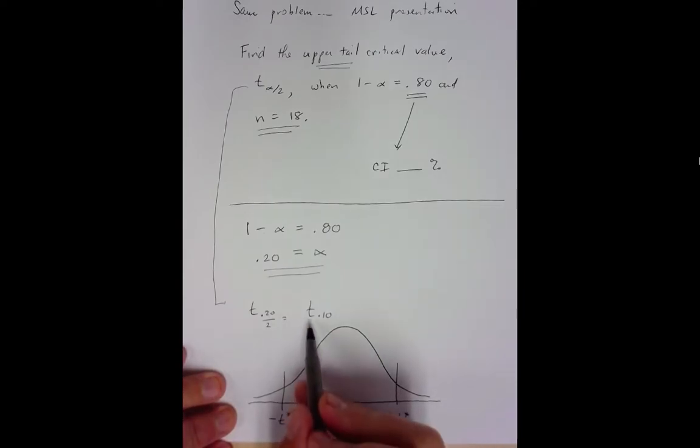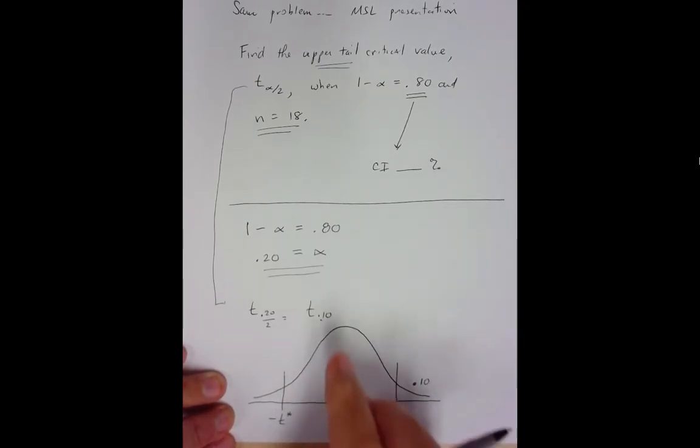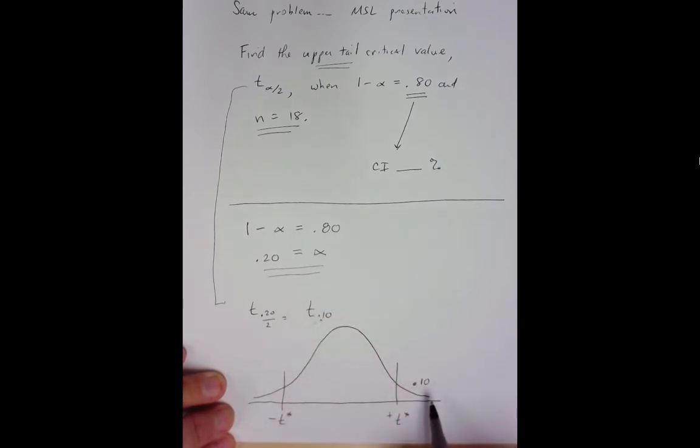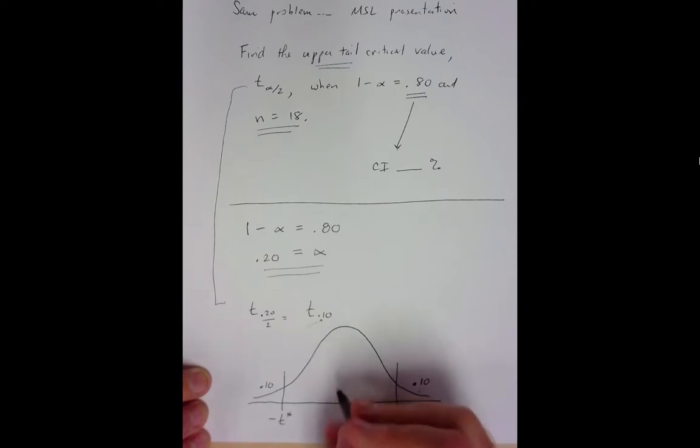It doesn't. It starts with the upper tail and says that upper tail must have 0.10 area. Well guys, because of symmetry, if the upper area is 0.10, then the bottom tail has to have area 0.10. And because this entire area must be 1, this part here must be 1 minus 0.10 minus 0.10, which gives you 0.80.